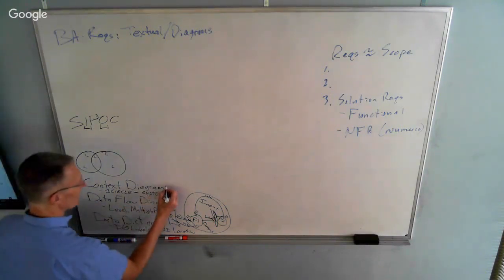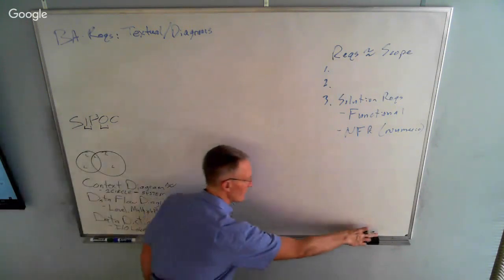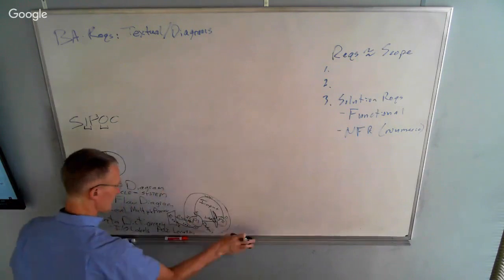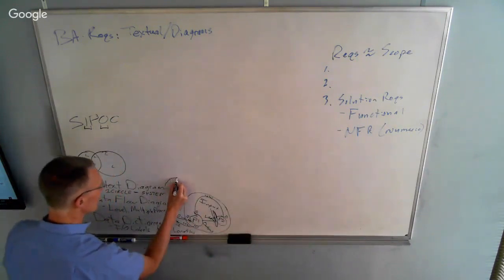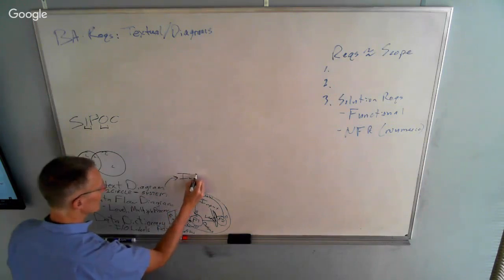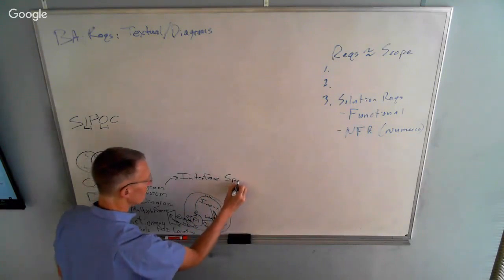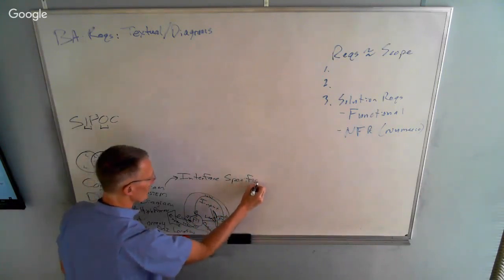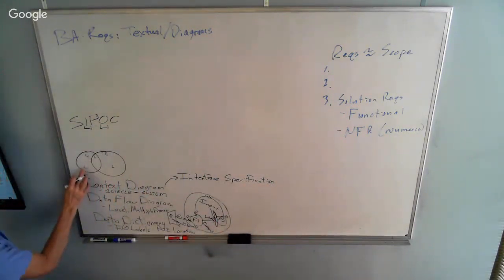The context diagram gives us, to overuse the word context, the context from which we can then do an interface specification.